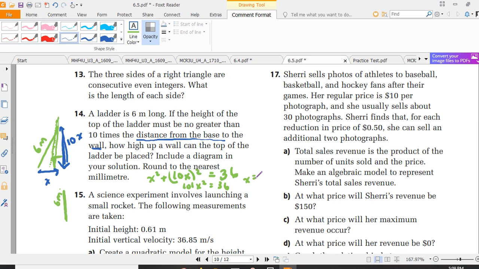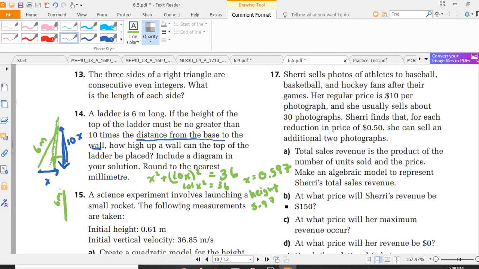You get an x value of 36 divided by 101, and then square root that answer, I'll get an x value of 0.597. Which means the height will be 10 times that, which will be 5.97.